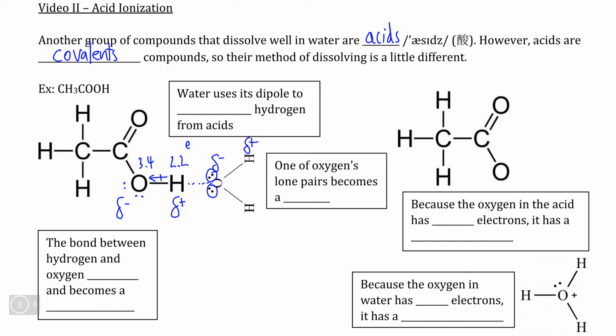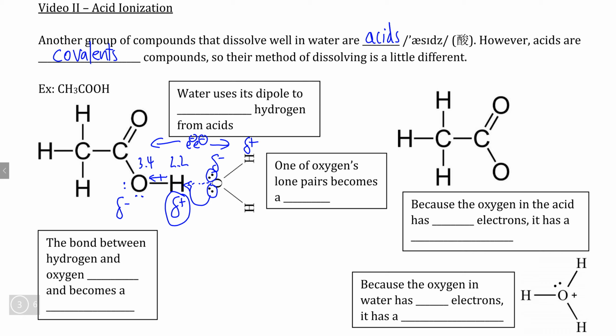We know that lone pairs are made of electrons, and electrons don't like staying close together because anything with the same charges wants to repel, which means that these lone pairs will constantly be looking for a way to move as far away from each other as possible. What this means is that we can take one of the lone pairs and move it away from the other lone pair towards the strongest positive charge we can find, on the hydrogen on the acid.